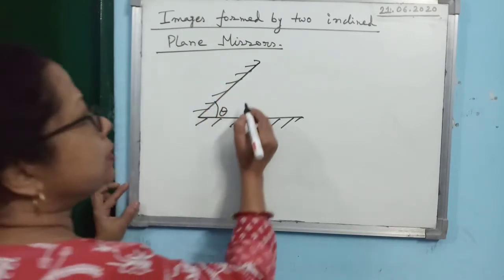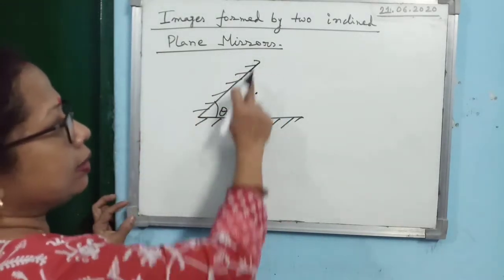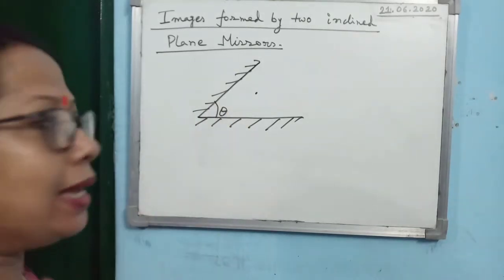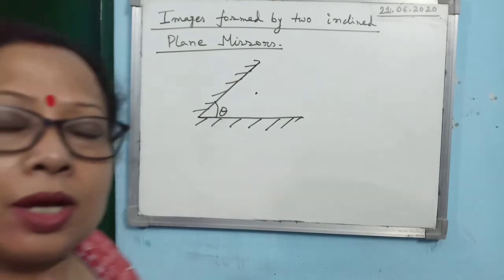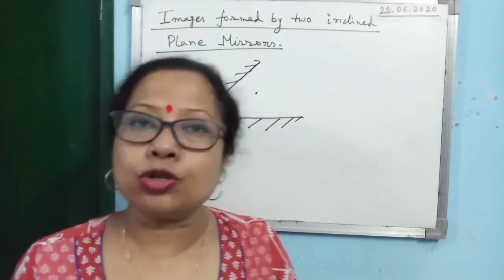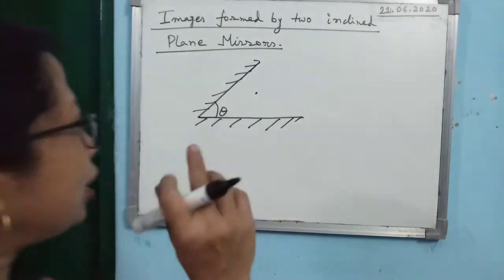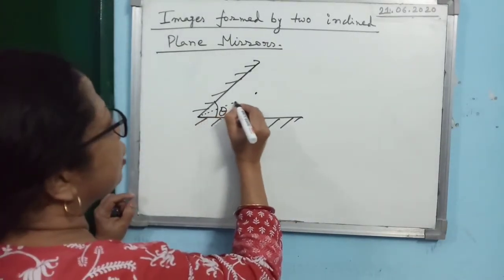Then you will observe that if you keep one object here in between the 2 mirrors, then instead of getting only one image, several images will be formed. How many images will be formed? Several images will be formed, and not only that, it is very interesting. I hope you will enjoy that.